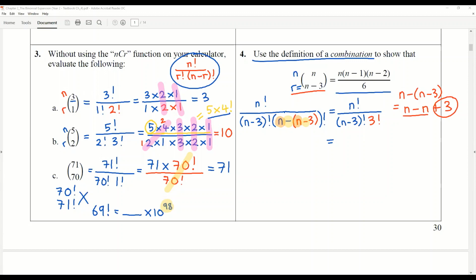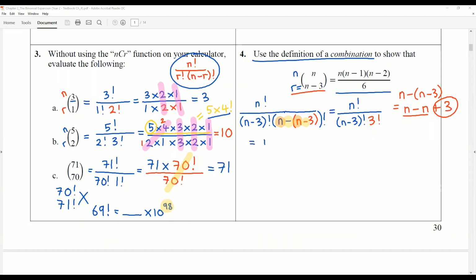How do we get the n minus 1 and n minus 2? Well, again, we go back to the definition of what a factorial is. I'll write out the whole thing explicitly. Let's give a bit more room here.